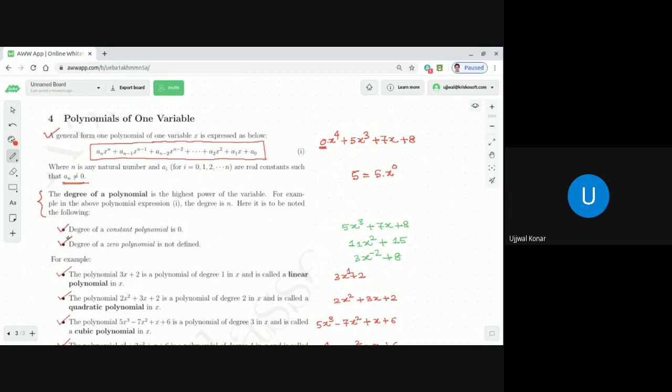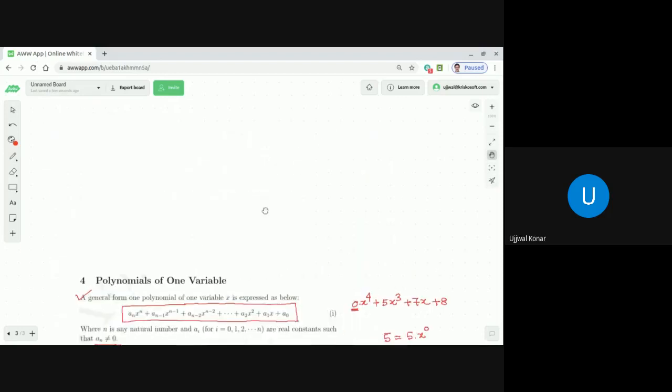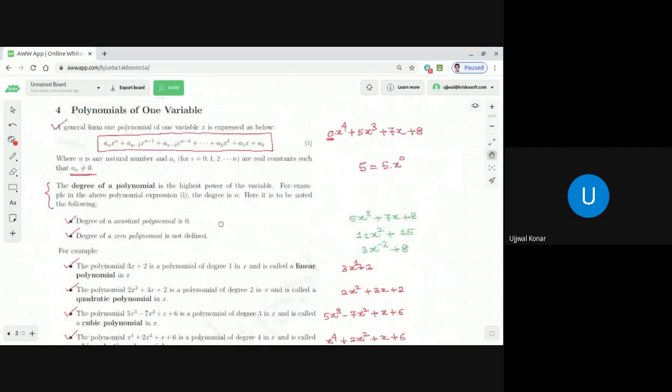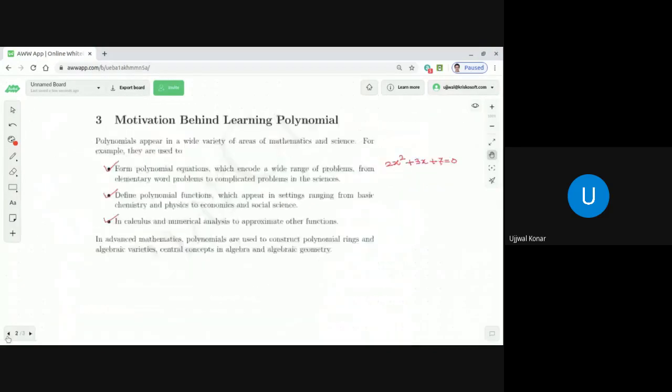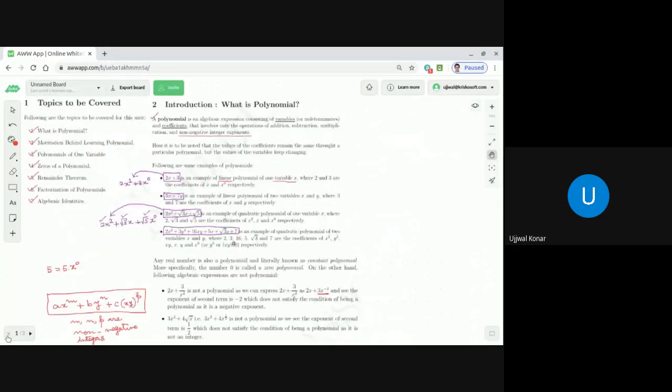These are the 2 points you should note. Correct, dear students? So what we discussed today so far is, the first we learned is what is a polynomial. Then we understood the motivation behind learning polynomials, why you should learn polynomials.